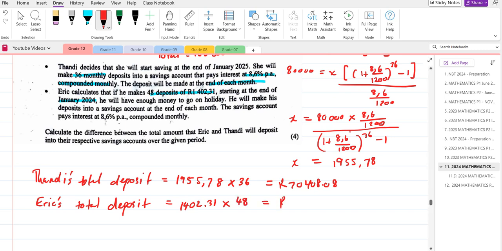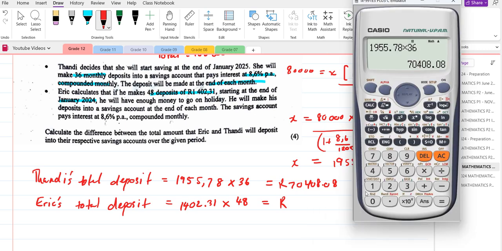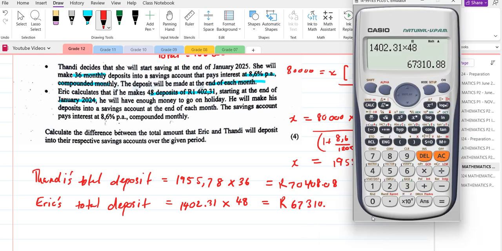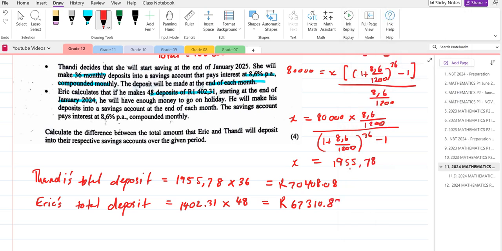And he deposits 67,310.88. The reason Eric deposits less is because he's got more payments, so obviously he'll earn more interest.